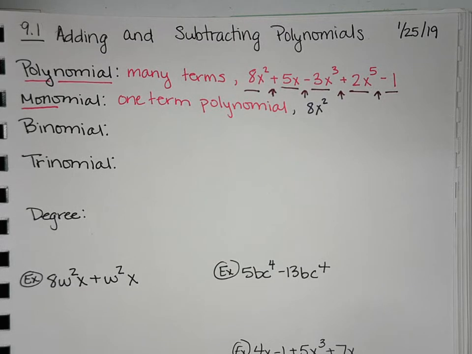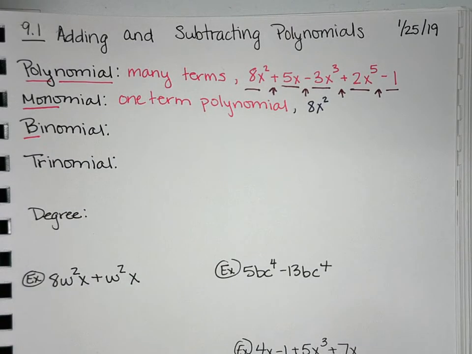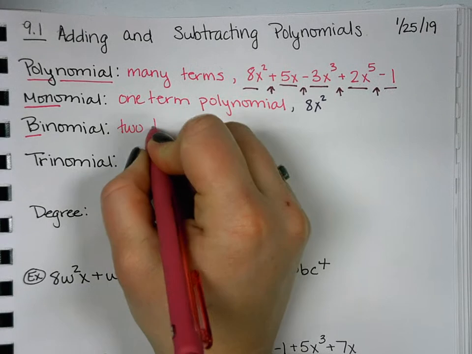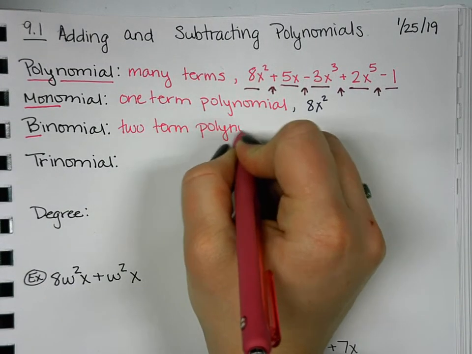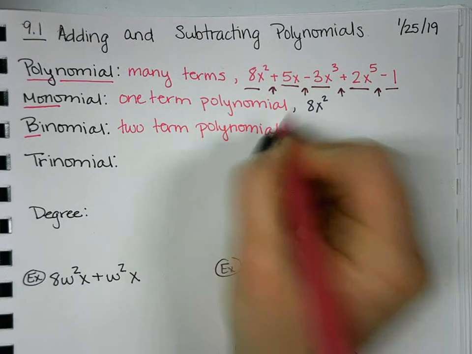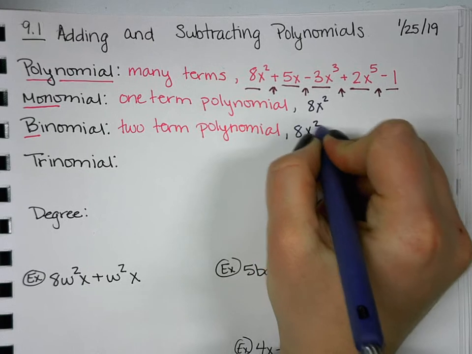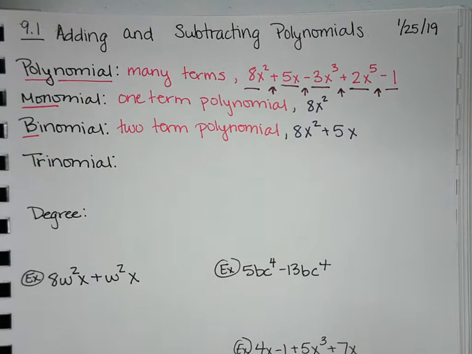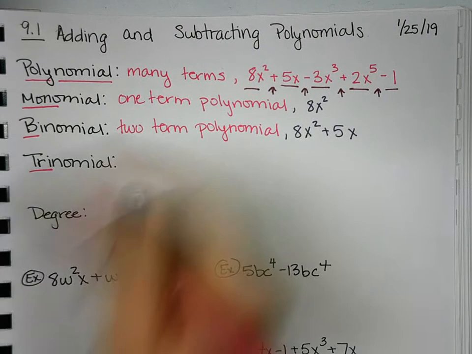When you think binomial, 2. A 2-term polynomial. So that would be like 8x squared plus 5x. There's 2 terms. And then try 3.